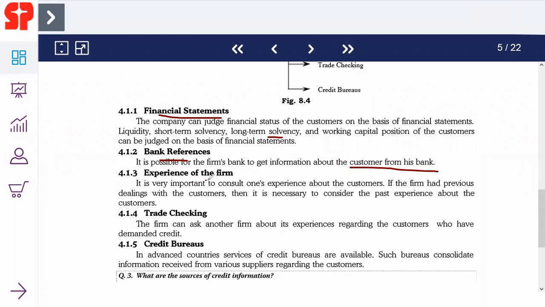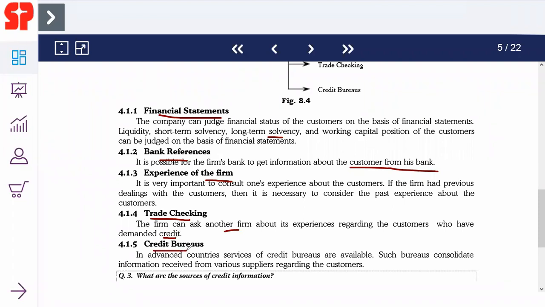Then experience of the firm based on past dealing with the customers. This thing you can check. Then trade checking. You can confirm from your business friends, business circle, another firm about the experience. So you can always check in your business circle, trade circle about the customer before giving huge credits.